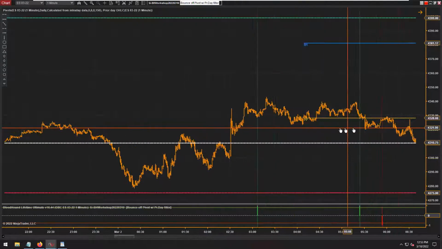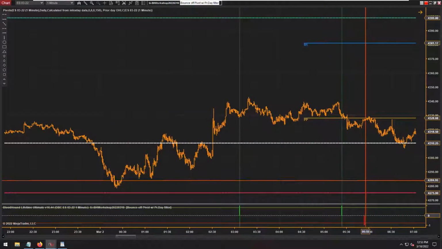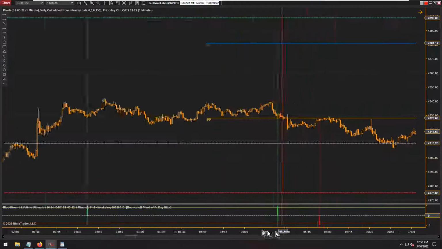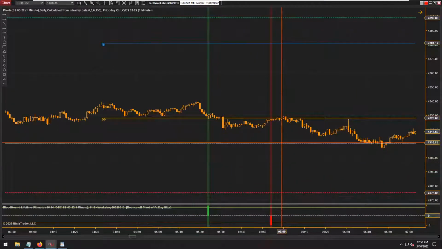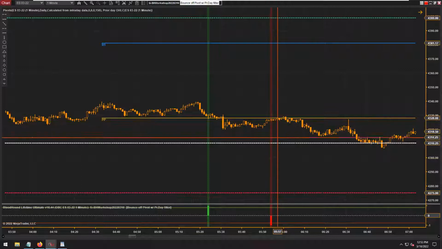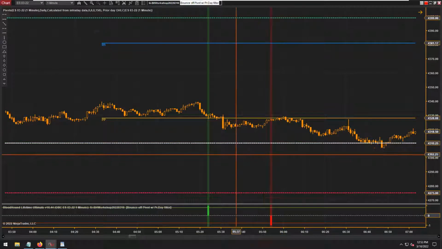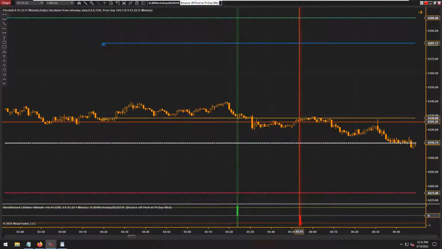And let's see. Yep, some bounce signals off of the PP line. And let's see, the prior close is about 17 or 18 points away. So this bounce to the short side has plenty of room to go.